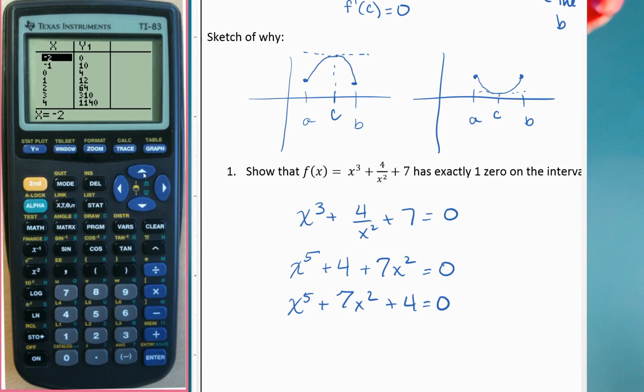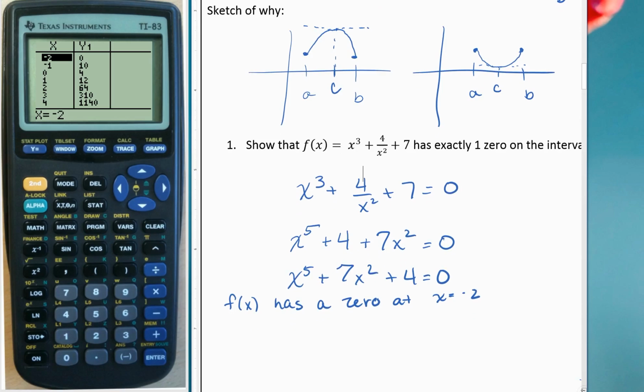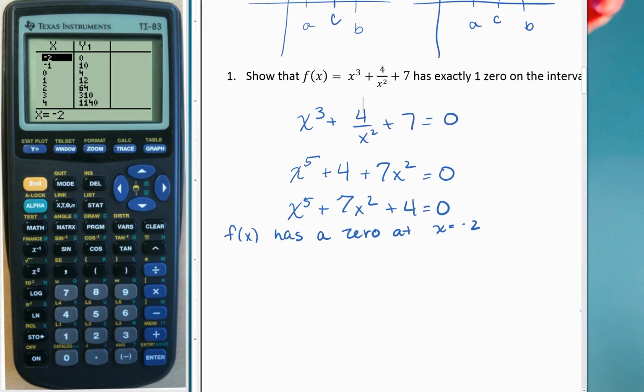So we can say that this function f of x has a zero at x equals negative 2. Now we're not quite done because this says show that it has exactly one. We showed it has one, but we need to make sure it doesn't have any more. So we're going to have to do a little proof to prove that it can't have any more zeros.